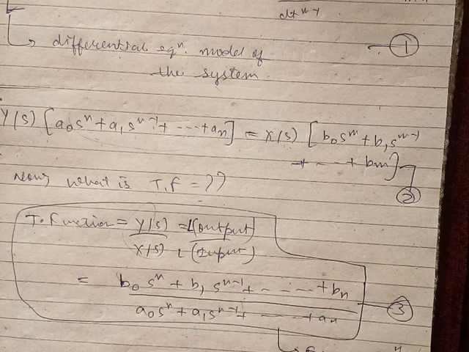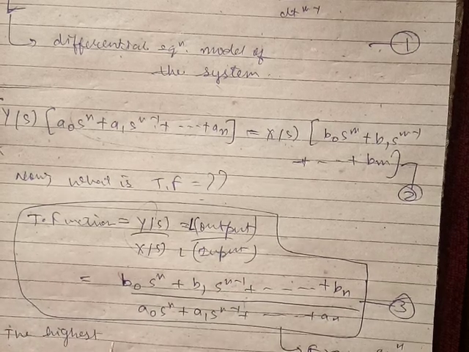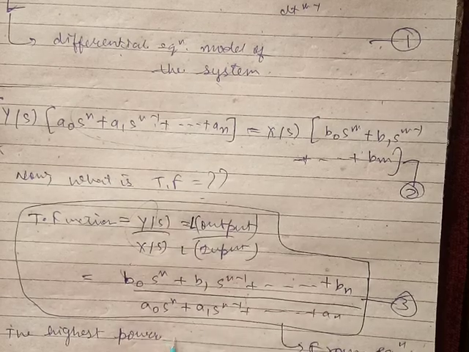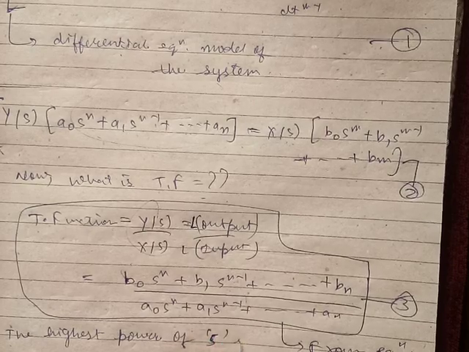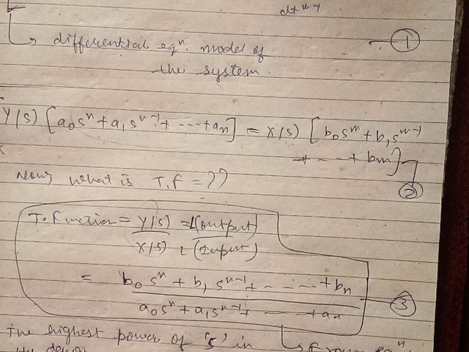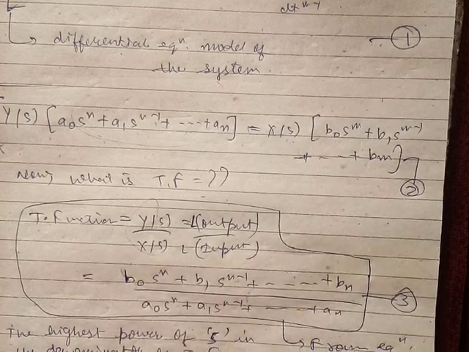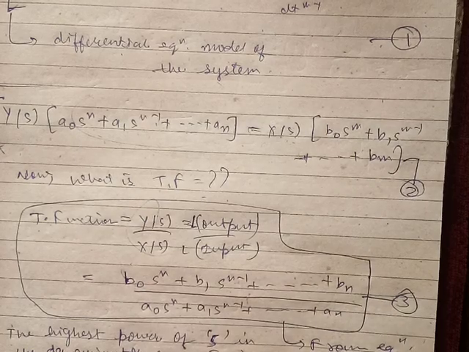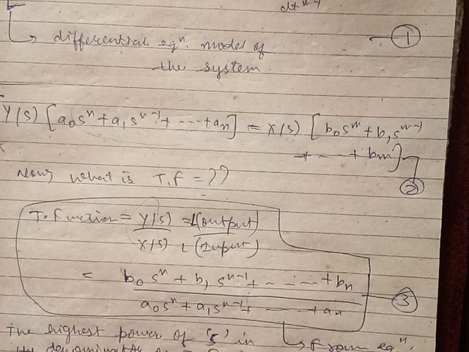So the highest power of s in the denominator of the transfer function is called the order of the system. Let me write this. The highest power of s in the denominator of the transfer function is called the order of the system.